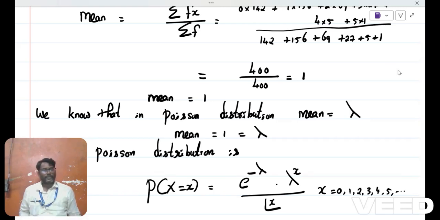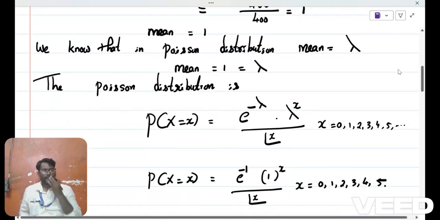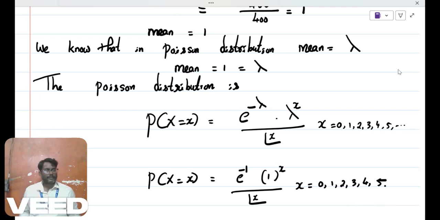We know that in the Poisson distribution, the mean is equal to lambda, and therefore the lambda value will be equal to 1. So now the Poisson distribution is P of x equal to e power minus lambda, lambda raised to the power x divided by x factorial, where x takes the values 0, 1, 2, 3, 4, 5 up to infinity.